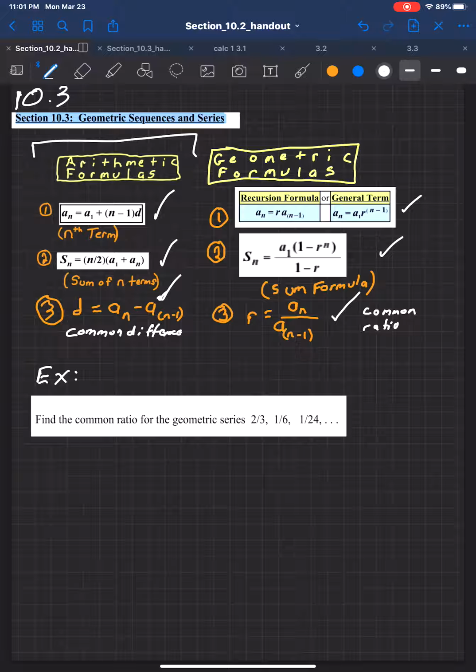Okay, so let's jump in. The first thing we're going to do is use that formula for finding the common ratio. And then I'll write that a little bit clearer in just a second. Ready? So the first example asks the question, can you find the common ratio given the following geometric series?